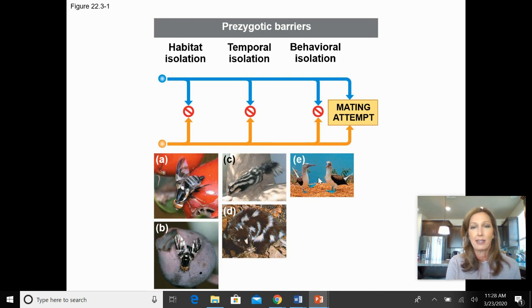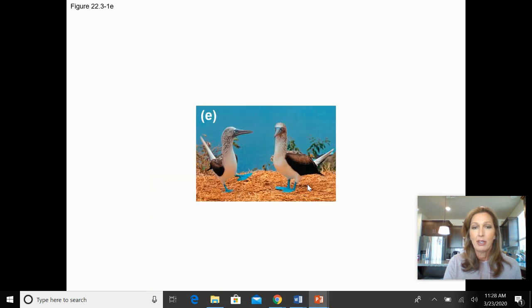Now, behavioral isolation, this is kind of the sad one. Here's our blue-footed booby. With behavioral isolation, you've got Mr. Male blue-footed booby trying to do a little fancy dance to attract this girl. But if he is doing some type of weird dance that she is not used to, she is going to say, no, thank you. I'm good.